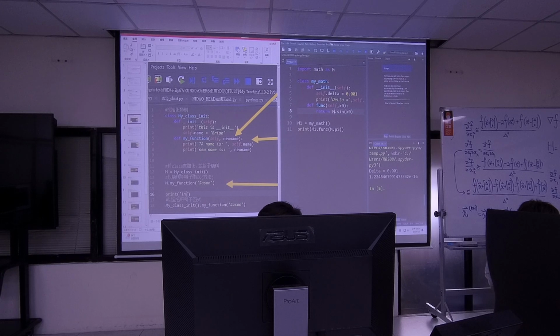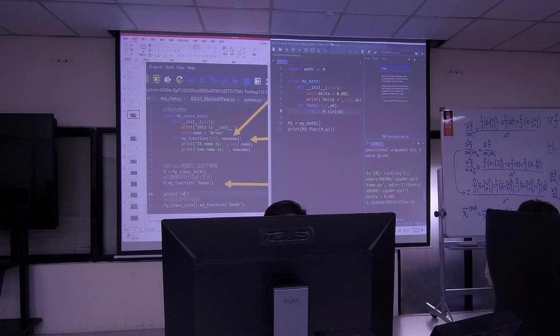But numerically, Python computes a super small number, 1.2 times 10 to the power of negative 16. This is almost 0. So that's the calculation of sine.